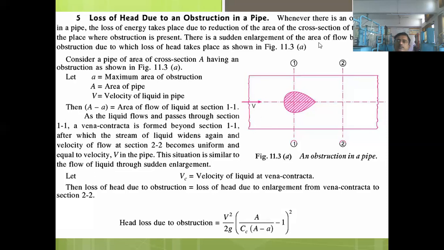Suppose this is a pipe, water is flowing through this pipe, and there is some obstruction like this in between the flow. Then this is going to create the head loss.